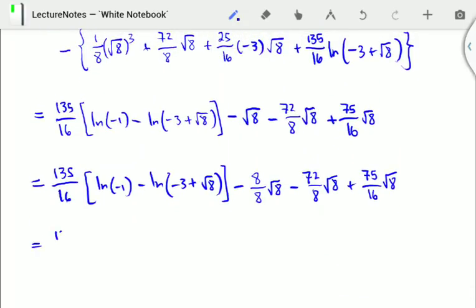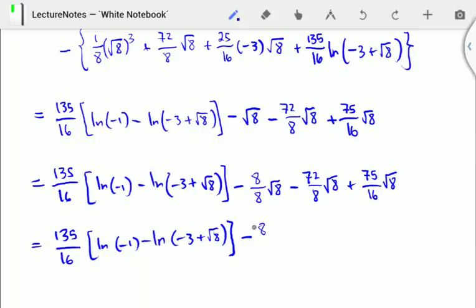Okay, so you have 135 over 16 ln of minus 1 minus ln of minus 3 plus square root of 8 minus, so this will give you 80 over 8 square root of 8 plus 75 over 16 square root of 8.